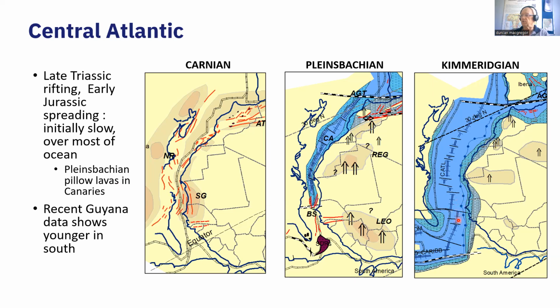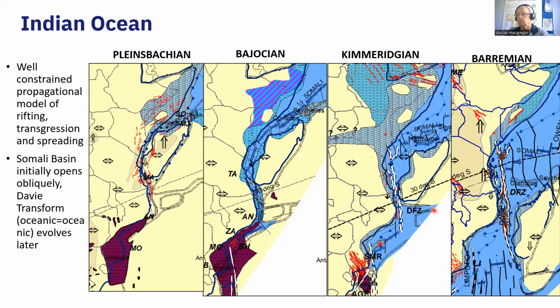So there's a big leap over the Blake transform sometime in the late mid or early late Jurassic. Things stall for a long time at this transform, which is again something we'll see in West Africa and other margins as well. The whole of one ocean does not need to be the same age. It generally propagates in one direction.